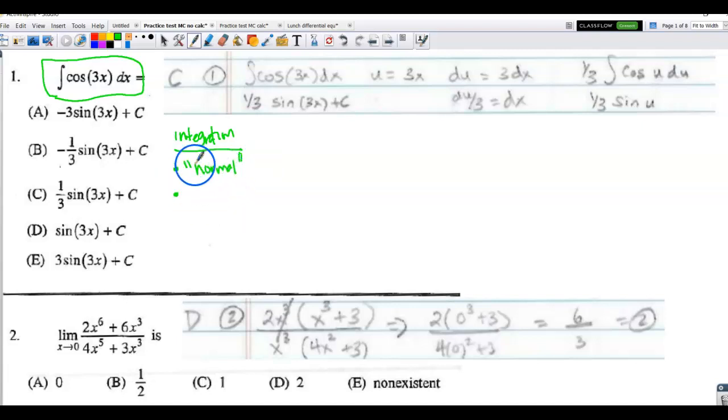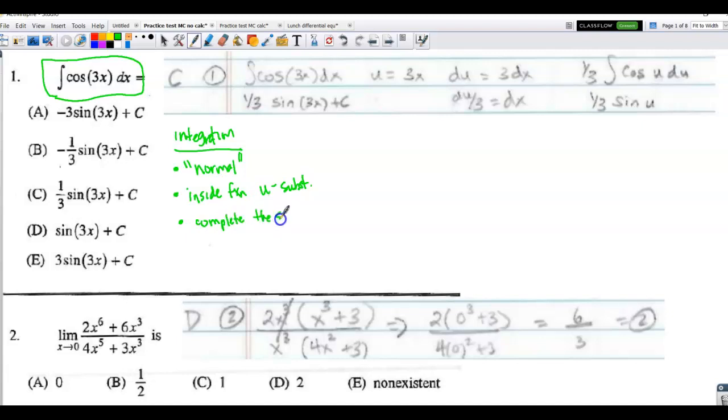And then if the function is not normal, you're looking to see, is there an inside function? If there's an inside function, we're probably going to launch into u substitution. In that case, you have to decide what u is equal to and du is equal to and so forth. Some other things that you might run into are the possibility of completing the square.